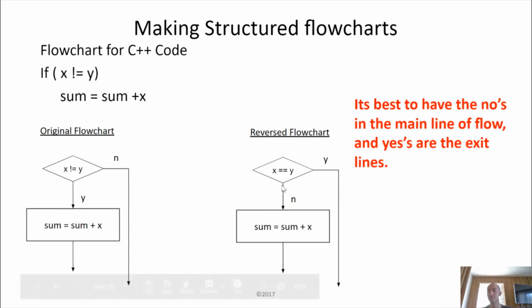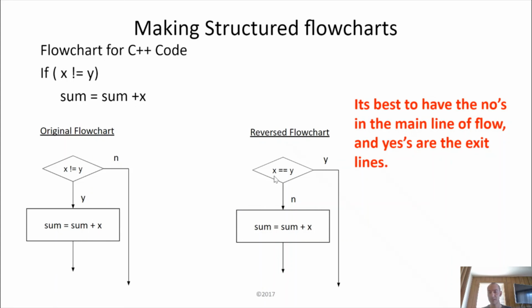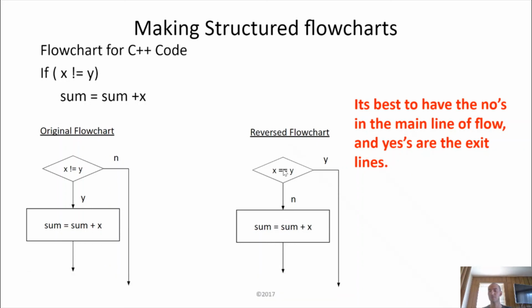So always they go to the next statement if the condition was false. That means if you keep all your no's or false in the straight line, the main line of execution, you can almost translate it as is. But it's always good to double check your work.